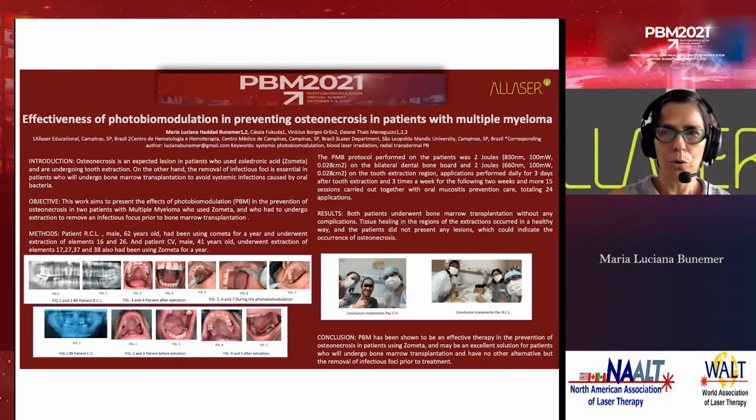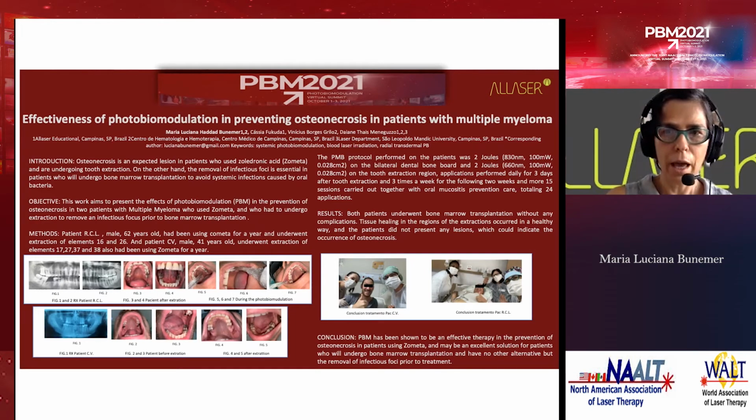Patients who will undergo bone marrow transplantation, to avoid systemic infections caused by oral bacteria, must undergo prior oral preparation with removal of all infection foci. However, many of these patients use Zometa, which predisposes to the onset of osteonecrosis, especially in patients undergoing tooth extractions.